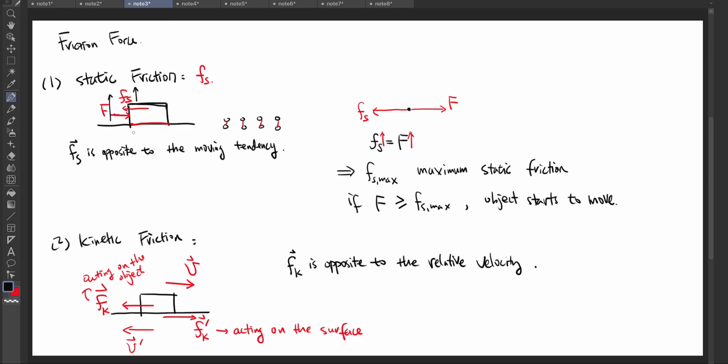You can imagine that if there's no static friction, if there's no Fs here, then what is the direction of motion for this object? Clearly, if there's a pushing force to the right side, then the object is going to move to the right side. So in this case, the tendency is moving to the right. That's why the static friction is to the left.